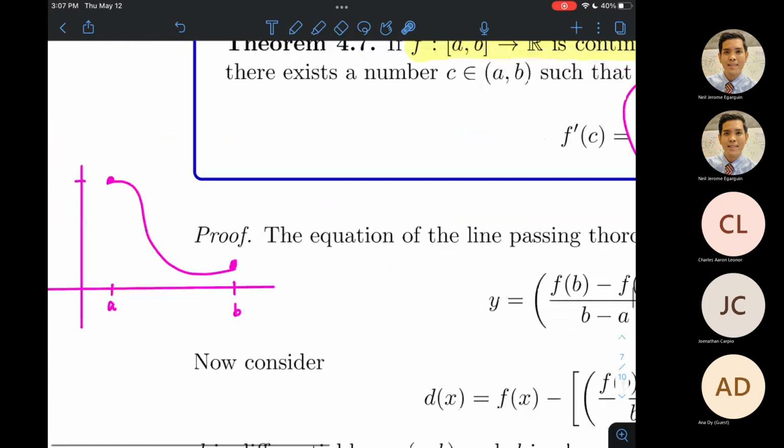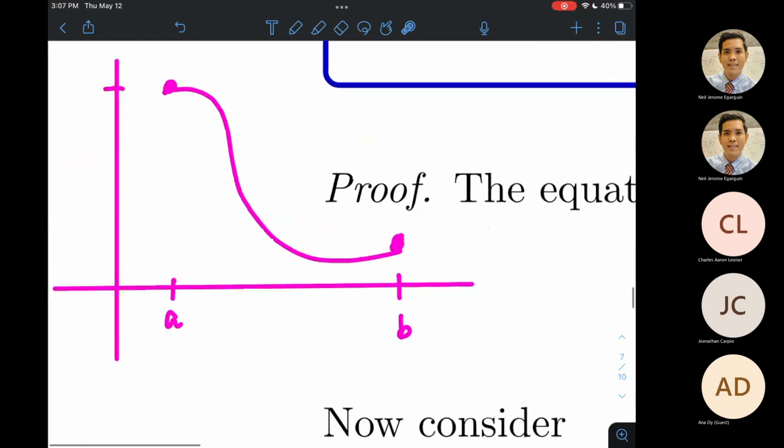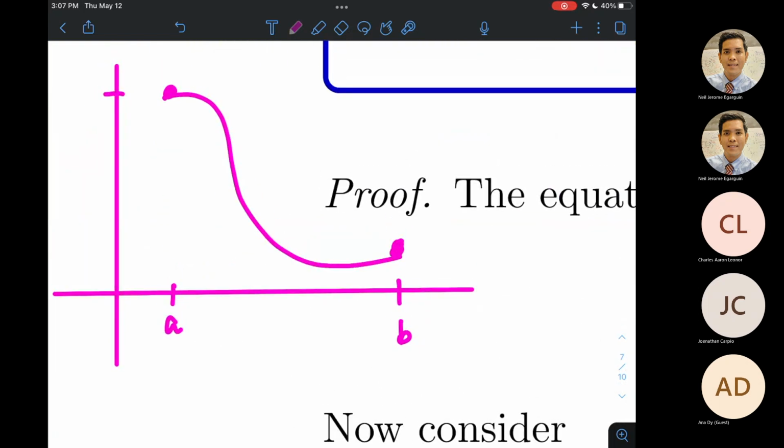Okay. So, balik tayo sa drawing. Secant line, secant line. The drawing ko yung line passing through the two endpoints. Okay. So, yan yung line na yan. Ang sinasabi ng mean value theorem ay makakahanap tayo ng isang number doon sa open interval kung saan ang tangent line ay may kaparehas na slope as the secant line.